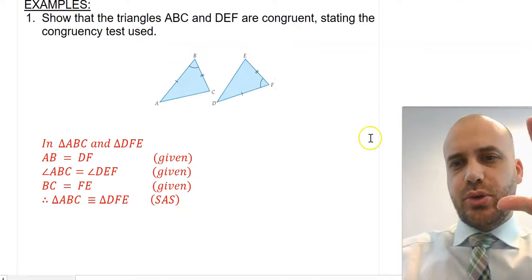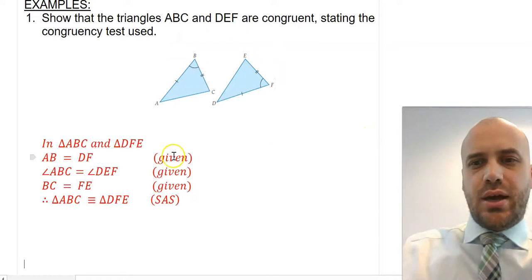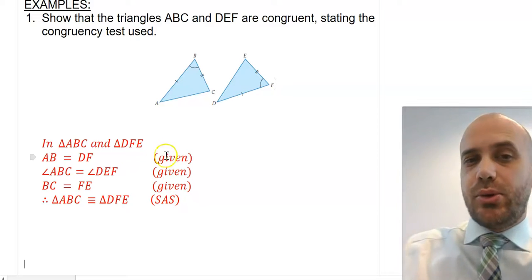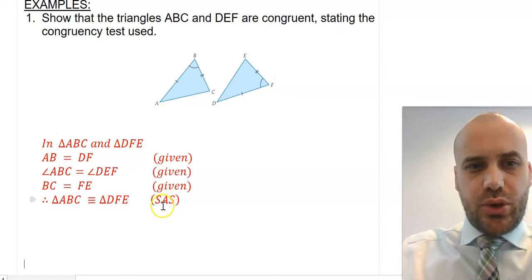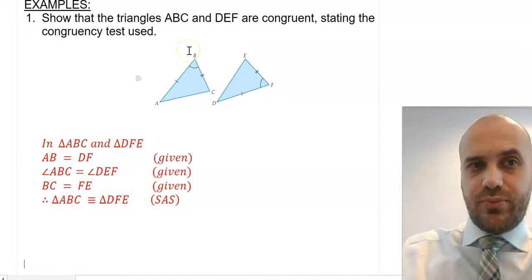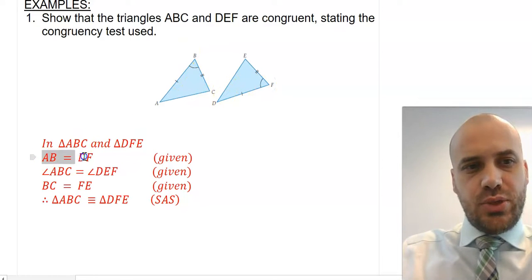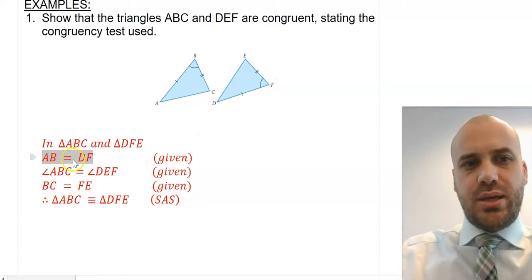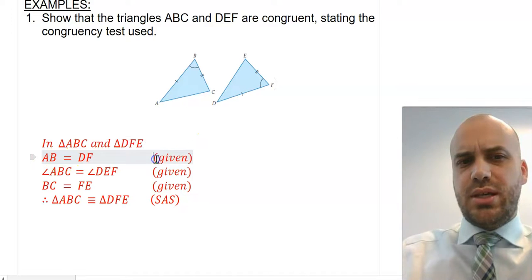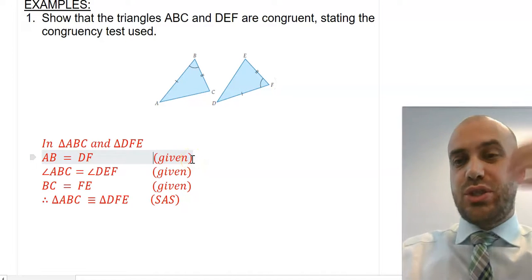Now I do want to show you two more examples of this kind of thing in action because I want to formalize it just a little more. So this is the full working for proving that these two triangles are congruent. We just say that AB equals DF, but we put this in brackets here, given. We're told that.